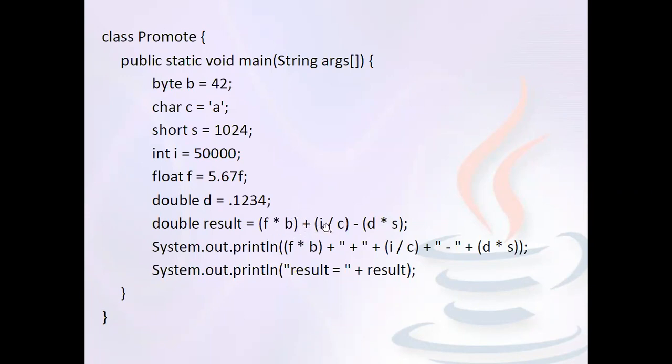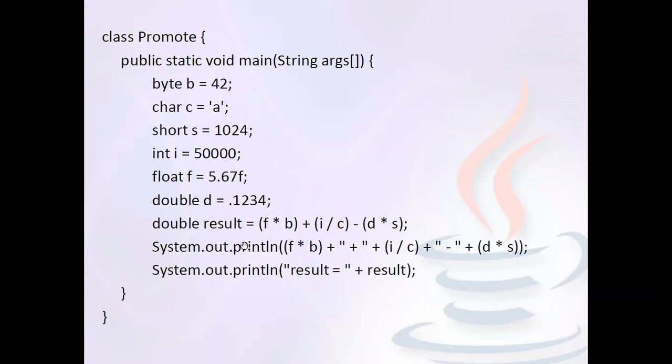Then subtracting a double from a float will give us a double, because double is the higher type. And hence the result variable to which this whole expression is assigned should be of the double type. It cannot be float or int or char or whatever.